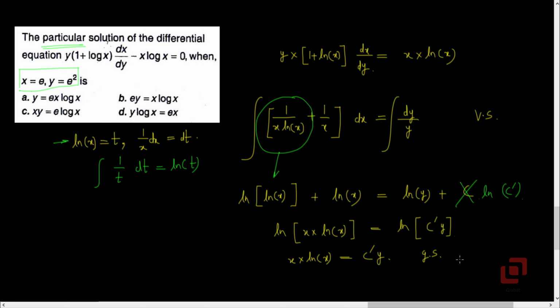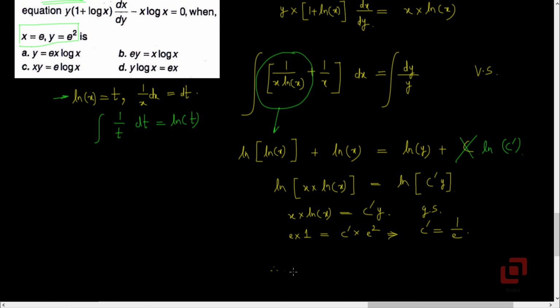Let us now obtain its particular solution. By letting x as e and y as e squared, we will get e into 1 equal to c dash into e squared, which implies that c dash must be equal to 1 upon e. Therefore, x into log of x will be equal to 1 upon e into y.